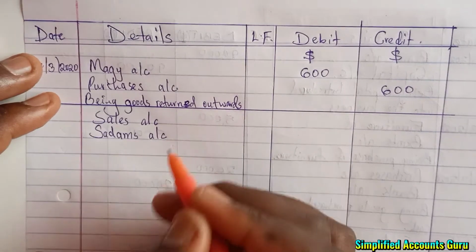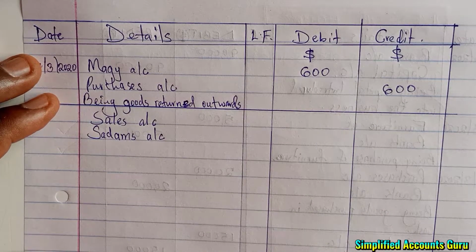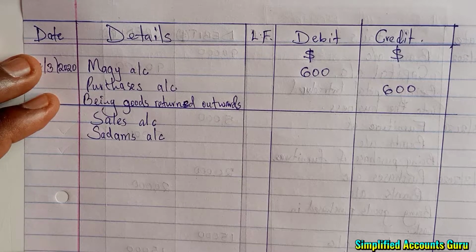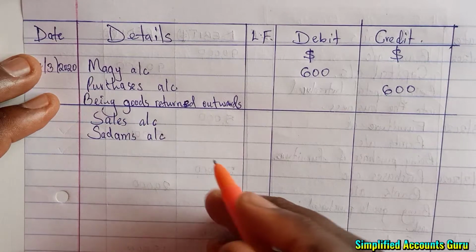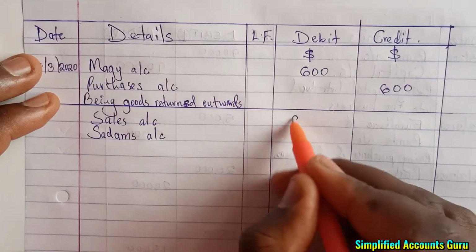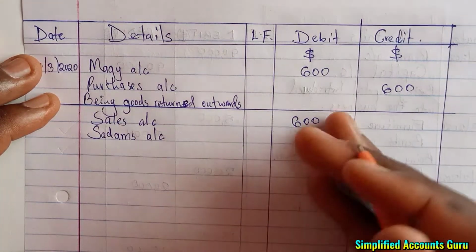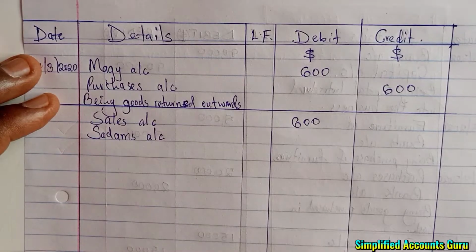Saddam being a debtor, when Saddam returns some goods, it means the level of claim that the business had against Saddam reduces. So goods worth 600, we shall debit here 600, so that it increases the quantity of goods that we have.